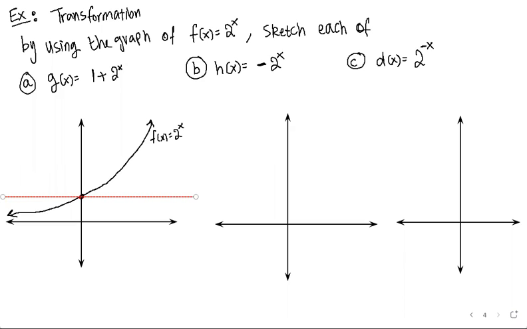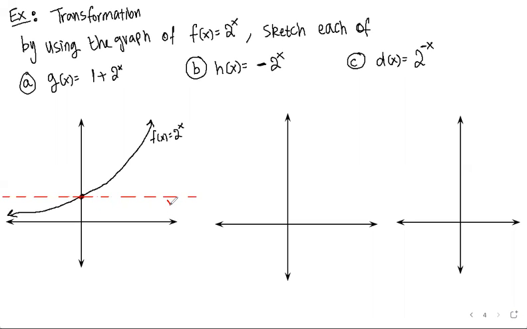This is the first step. The equation for the horizontal asymptote is y equal 1.